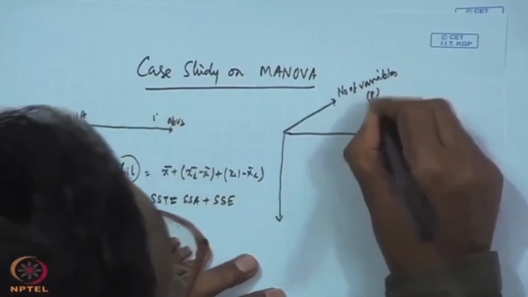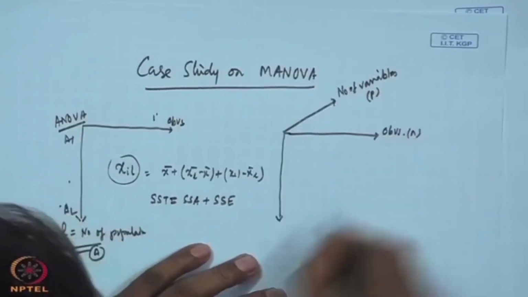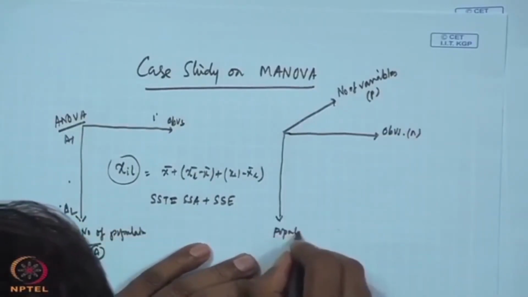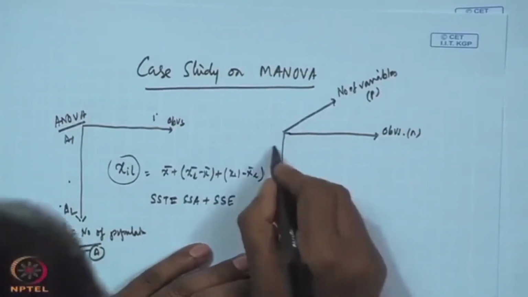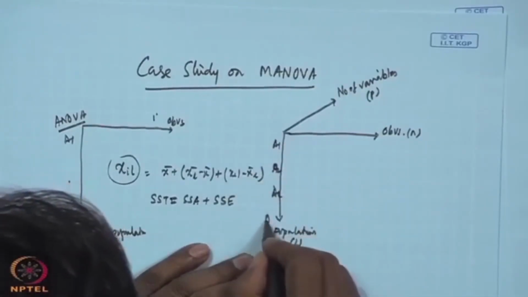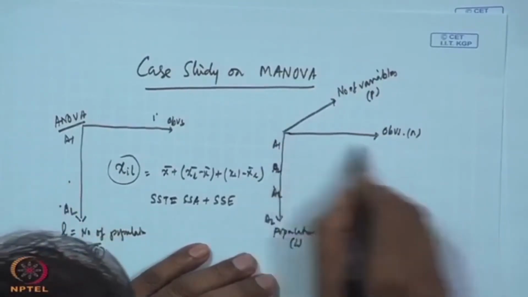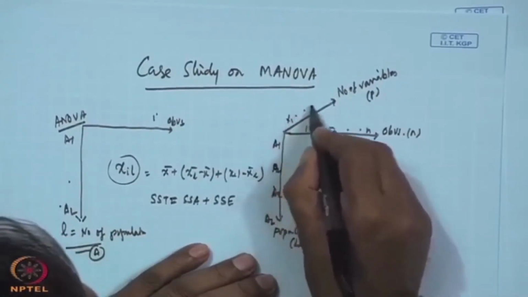I think you can remember these observations in populations: A1, A2, then A_l, to A capital L, then 1 to N, and it is X1 to Xp.